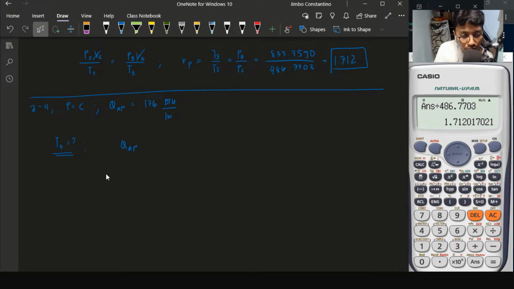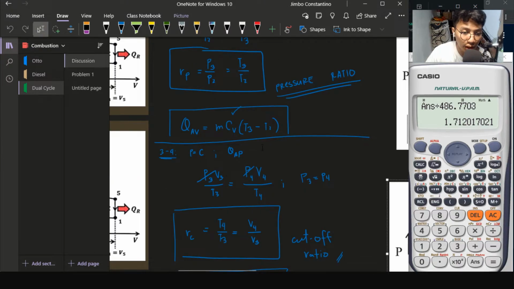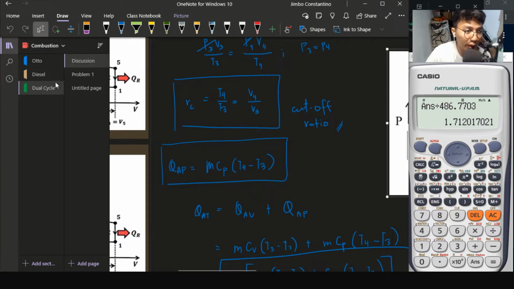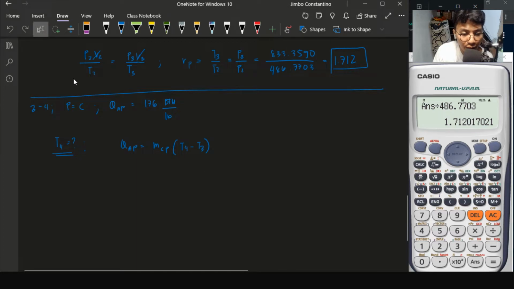QAP is equal to MCP times T4 minus T3. Check in our notes if our work is correct. So, T3, T2. Then T3, T4. Check. So, T4, we don't have. T3, check. So, T4 is equal to QAP divided by MCP plus T3.